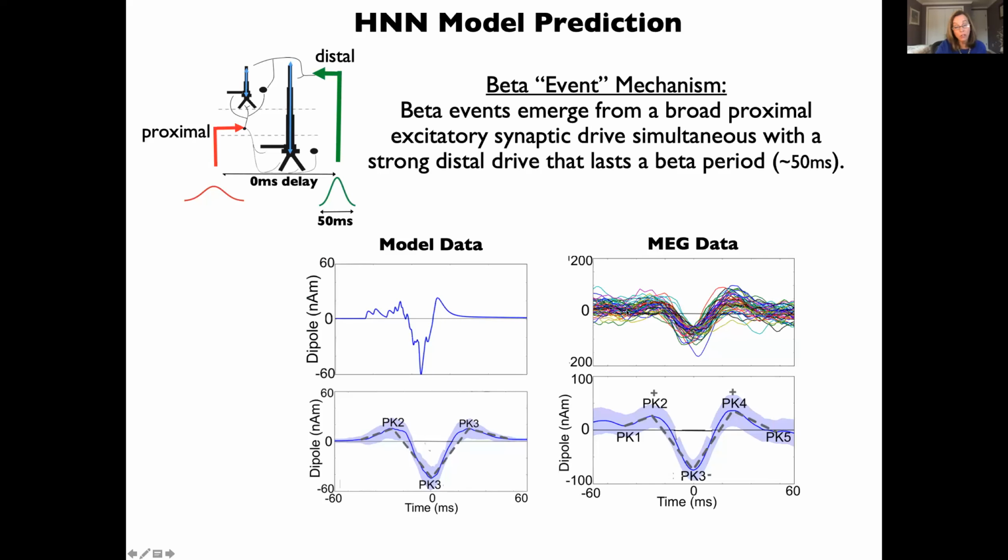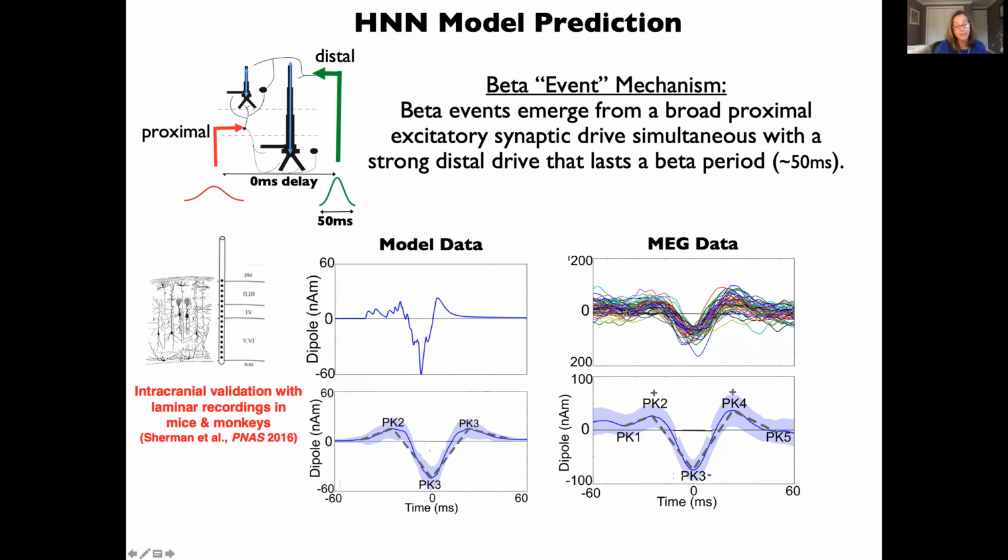And we were fortunate through collaboration to be able to test this theory with invasive recordings in both mice and monkeys using these laminar probes where we can get a representation of the activity across the cortical layers. I don't have time to go into that validation in this talk, but this is published work that you can look into in more detail, and I'm happy to answer any questions.